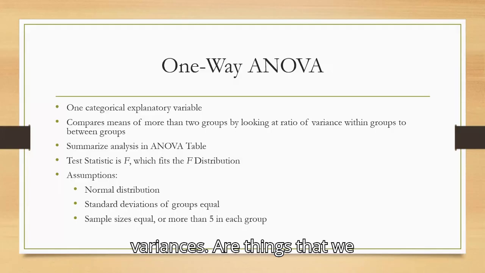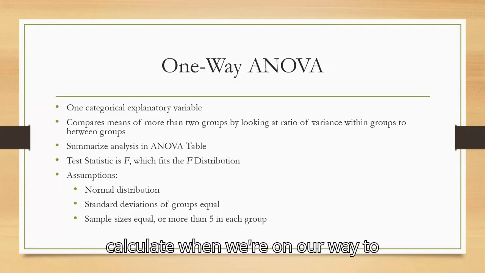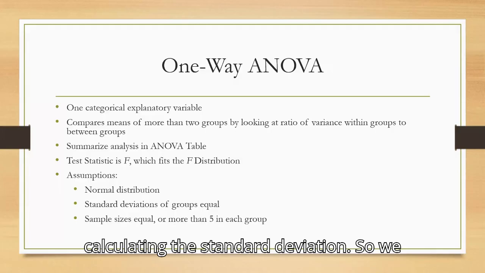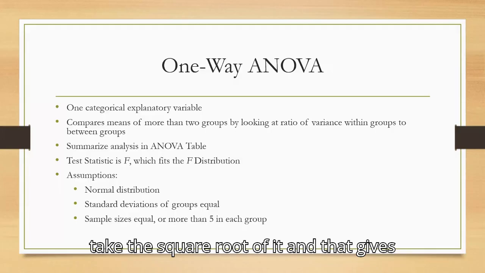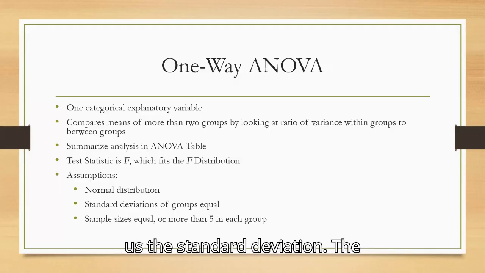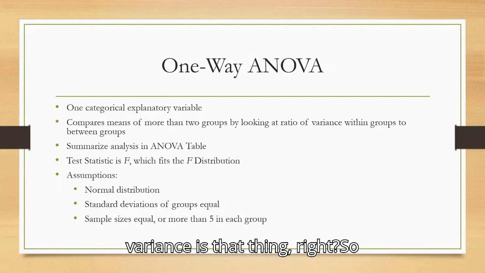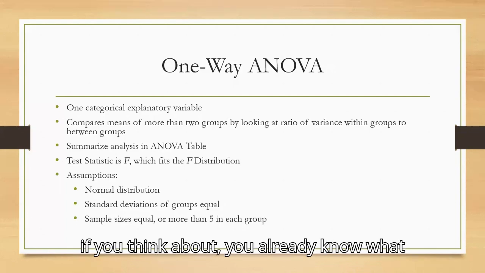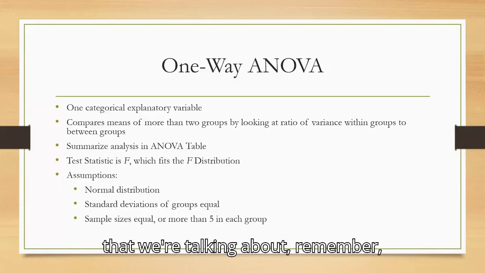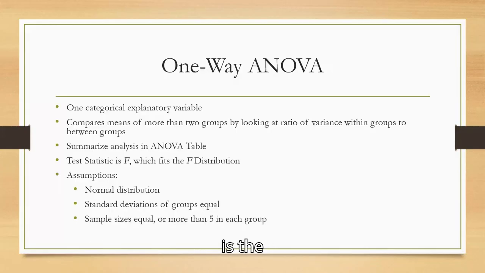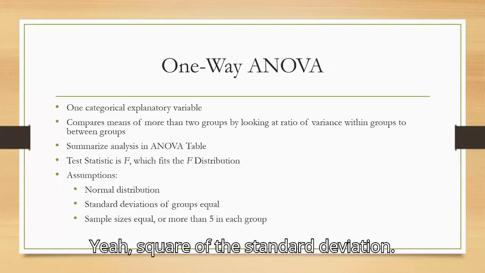All right, now remember, variances are things that we calculate when we're on our way to calculating the standard deviation. So we find this quantity and then we have to take the square root of it, and that gives us the standard deviation. The variance is that thing. So you already know what the standard deviation is; this variance that we're talking about, remember, is the square of the standard deviation.